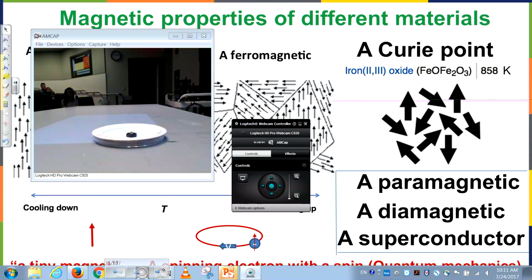All I need is liquid nitrogen, which I used twice today for this demonstration and for another demonstration.